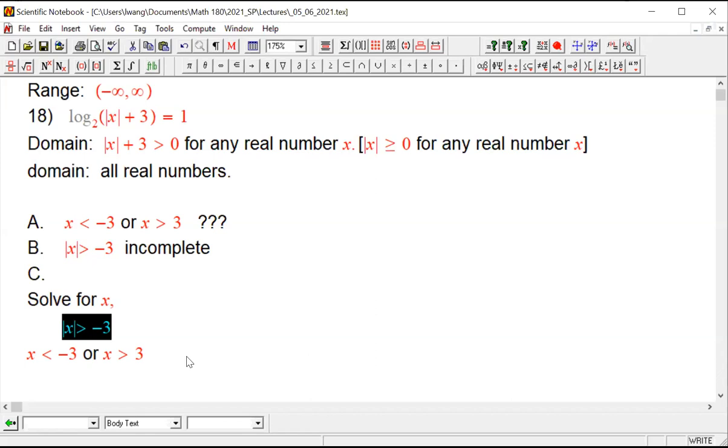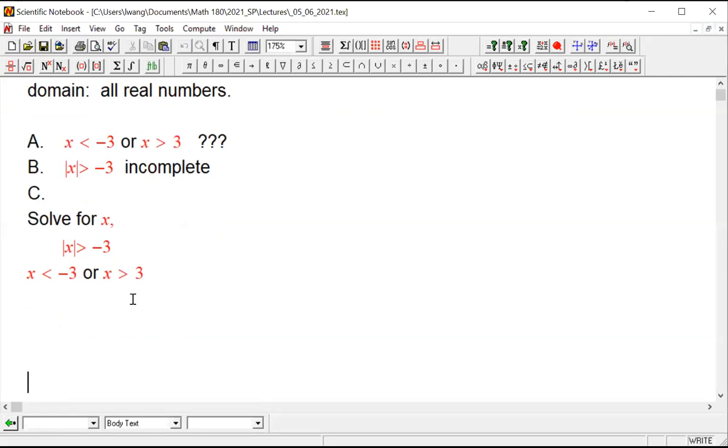So you always have to think of the meaning and think of the domain and range, because this is a very common mistake.